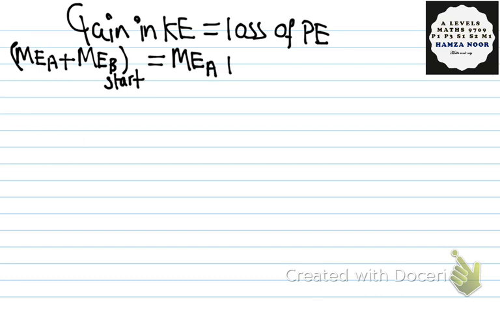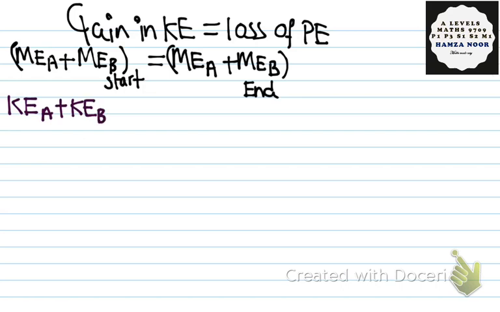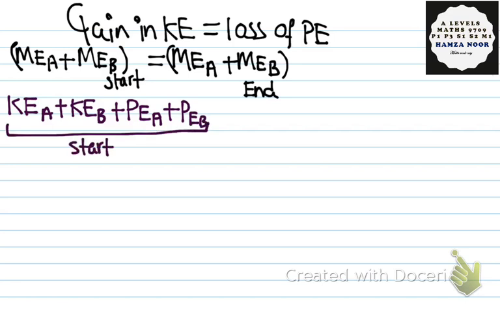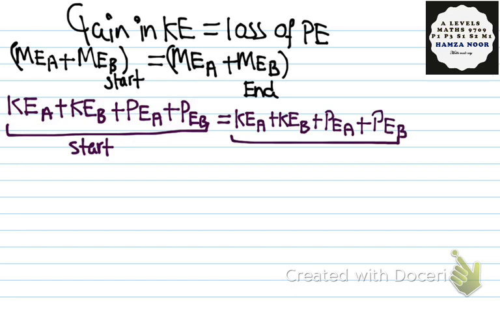So this will be equal to mechanical energy of A plus mechanical energy of B at the end. We get kinetic energy of A plus kinetic energy of B plus potential energy of A plus potential energy of B, and this will be equal to the kinetic energy of A plus kinetic energy of B plus potential energy of A plus potential energy of B at the end, provided that there are no external forces.